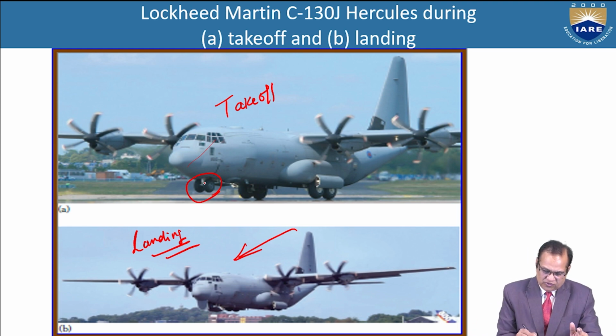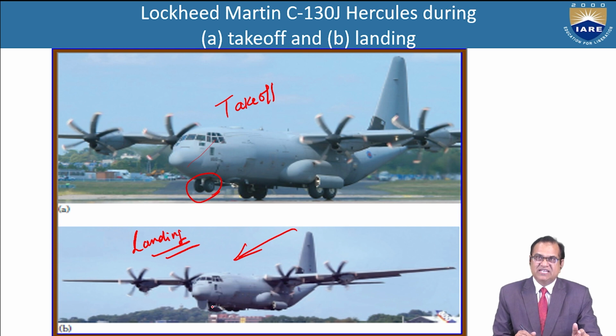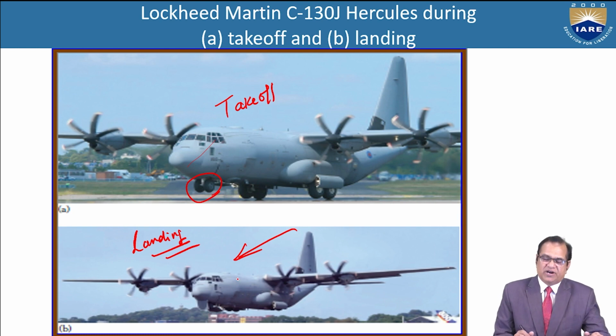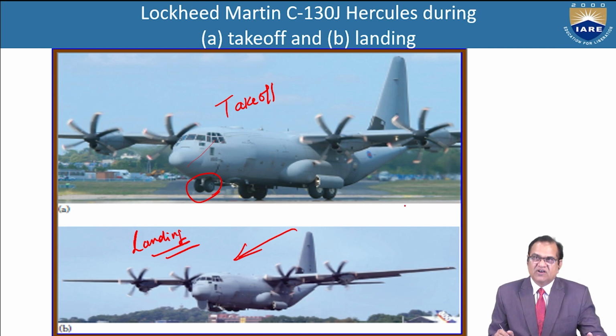During landing or takeoff, your landing gears should be properly fixed. This is a propeller aircraft, the C-130J. It is used for defense purposes. Lockheed Martin is supplying the Indian Air Force also, and some other air forces of the world. It is a very good aircraft for different weather, even for very high altitudes like Ladakh.